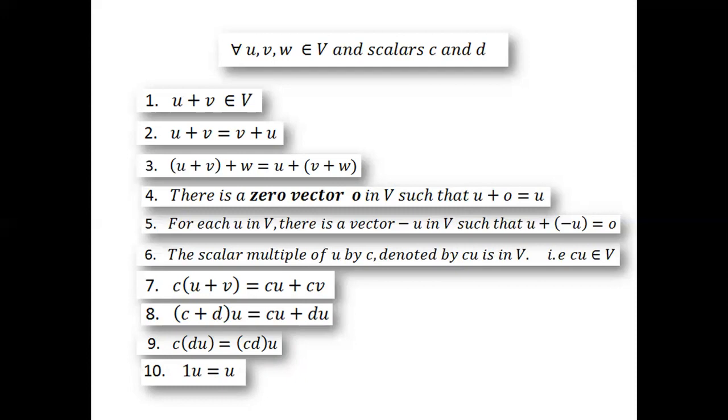If all these 10 properties are satisfied by a non-empty set with the two operations, vector addition and scalar multiplication, then we can say that that non-empty set is a vector space with respect to those two operations.